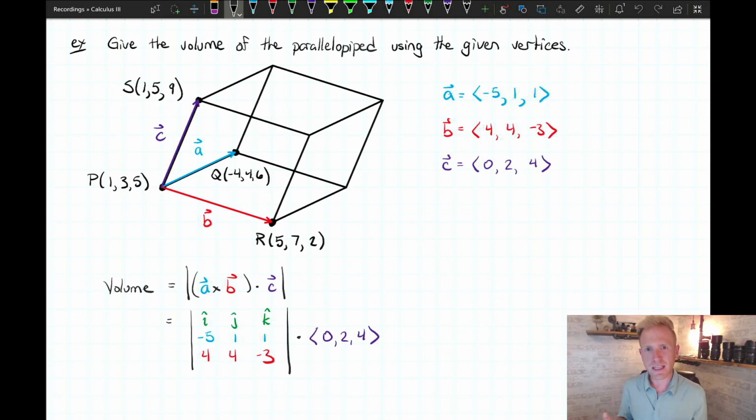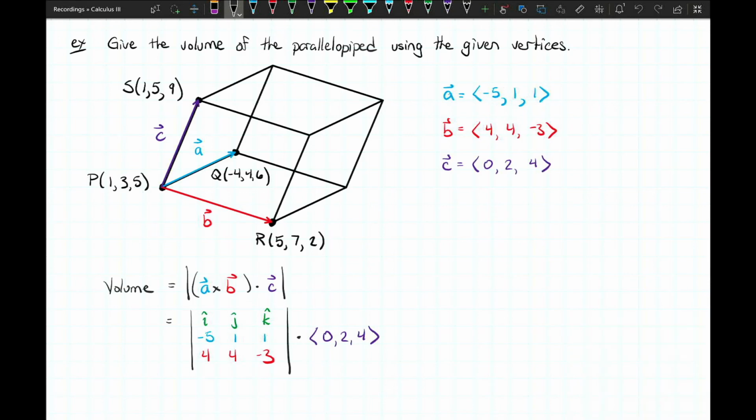And we're going to be using the scalar product in a moment anyway, so all we really need are the components that correspond to I, J, and K, and we're going to multiply those values by 0, 2, and 4. So what we can really do here is just replace the entries in the first row, I, J, and K, with the entries of C, 0, 2, and 4, and we get the result by doing the determinant all in one step.